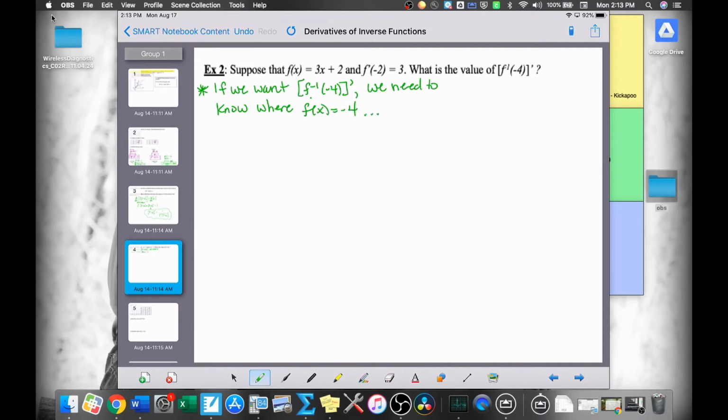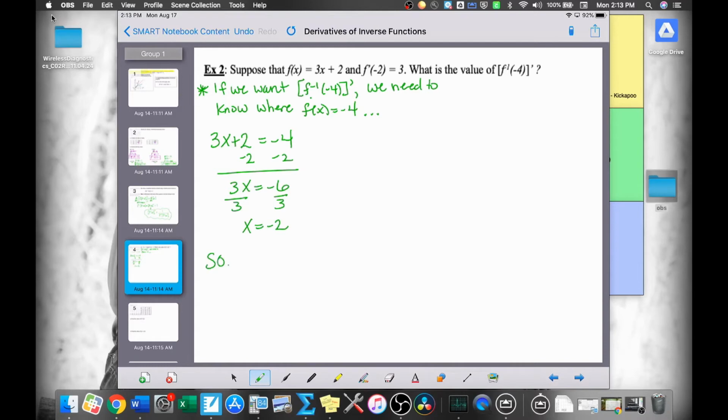So we do that ordered pair. Well, we have an expression for f of x, 3x plus 2, and we want to know when that equals negative 4. So let's solve for x. We subtract 2 from both sides. We get 3x is equal to negative 6. Divide by 3, and we get x equals negative 2.